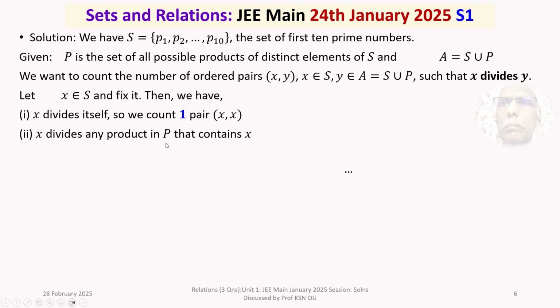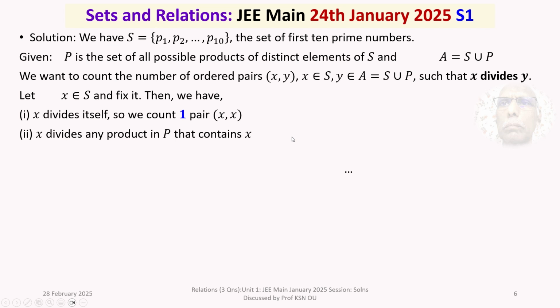So, you take any product in P that contains x. That means it's a product of elements of S and one of the elements is x. Then x divides obviously that product that contains x. Like x divides itself, we have already counted.